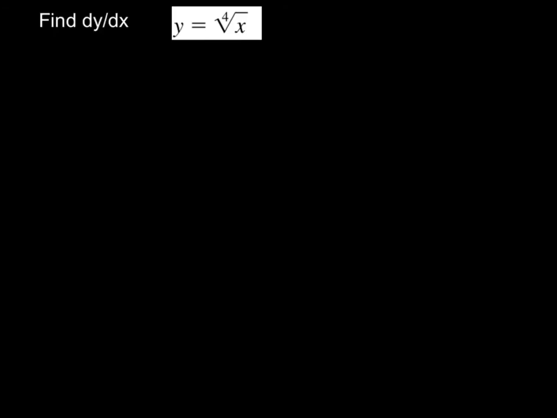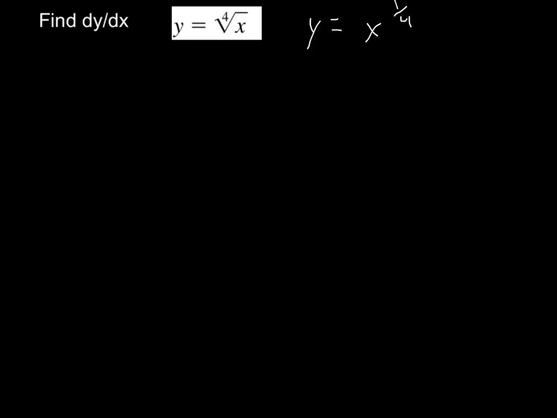We're going to change gears just a little bit and start looking at some of these exponents, looking at the power rule with exponents that aren't integer values. So if we rewrite this as y equals x to the 1/4 power, okay, let's go ahead and find the derivative of this using the power rule.